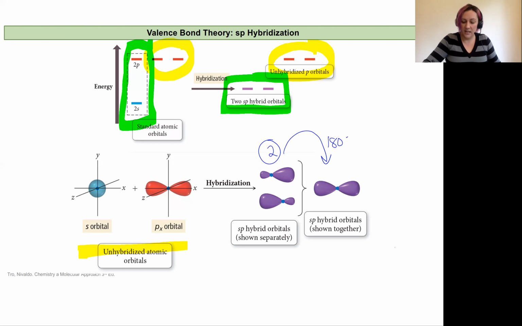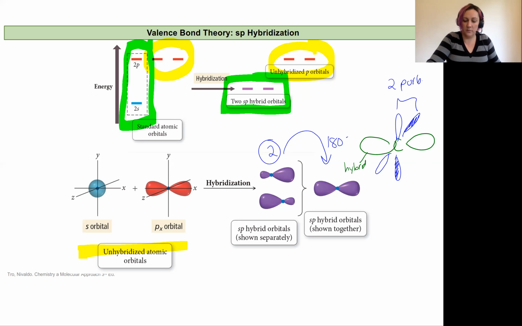This carbon has these two hybridized orbitals, and we still also have those two p orbitals, probably one in one axis and one in another axis. So this carbon is prepared to bond to two things and then use those p orbitals to participate in double bonds, which we'll talk about a little bit later.